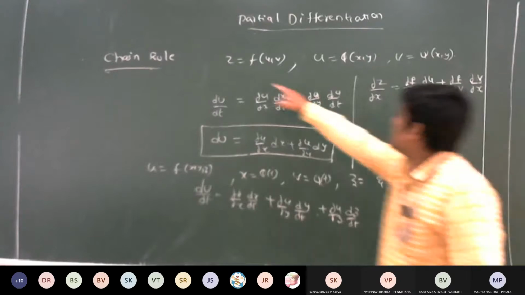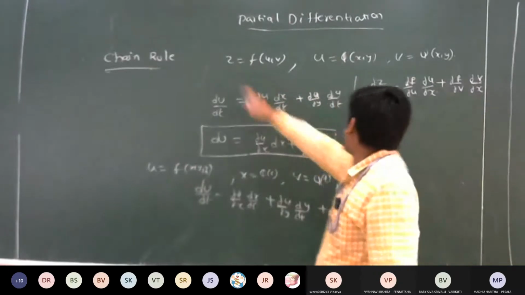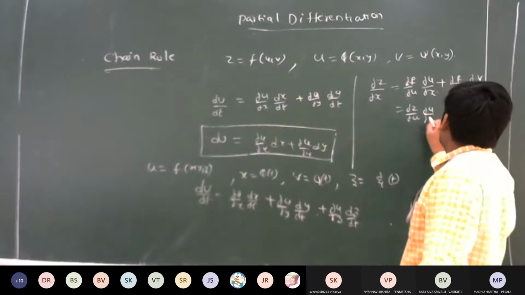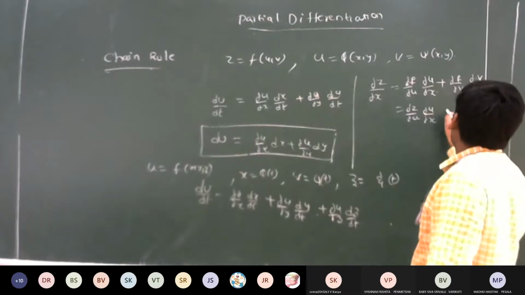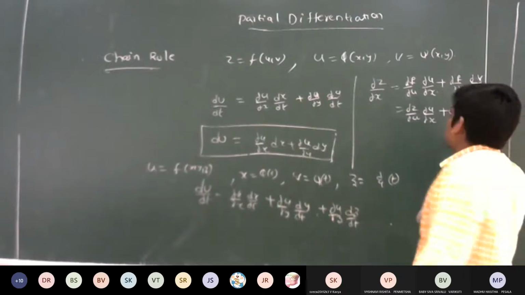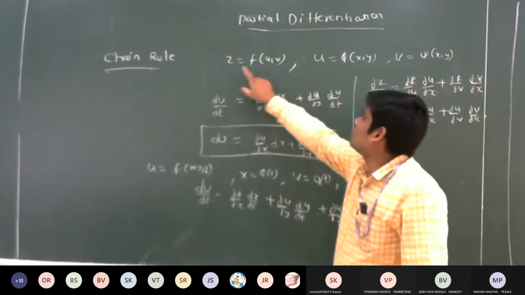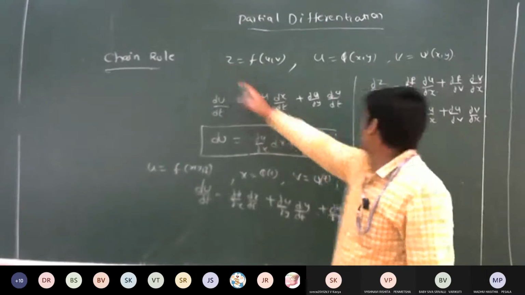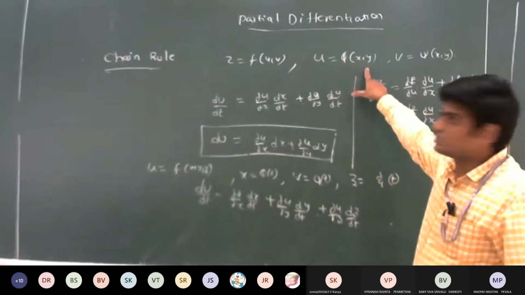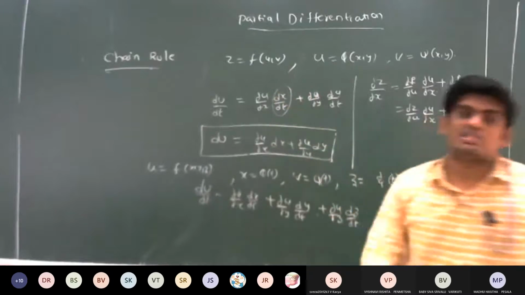So observe that here ∂z/∂x equals ∂f/∂u; in place of f you can also use z, no problem. So this is also ∂z/∂v into ∂v/∂x, right? Because here z is a function of two variables, I am using ∂. Coming to u, it is also a function of two variables, but in the previous case we used d. D means because x was a function of one variable.